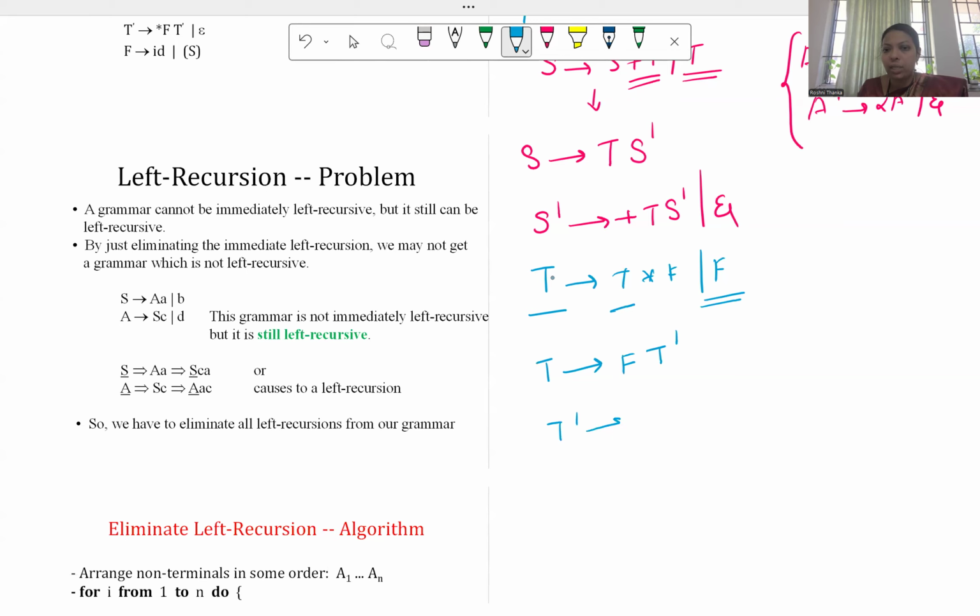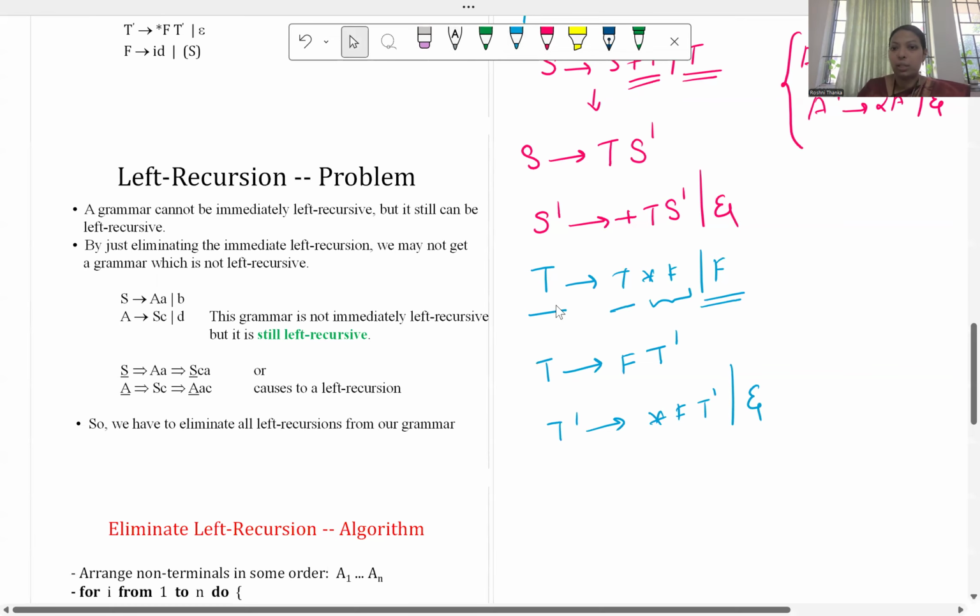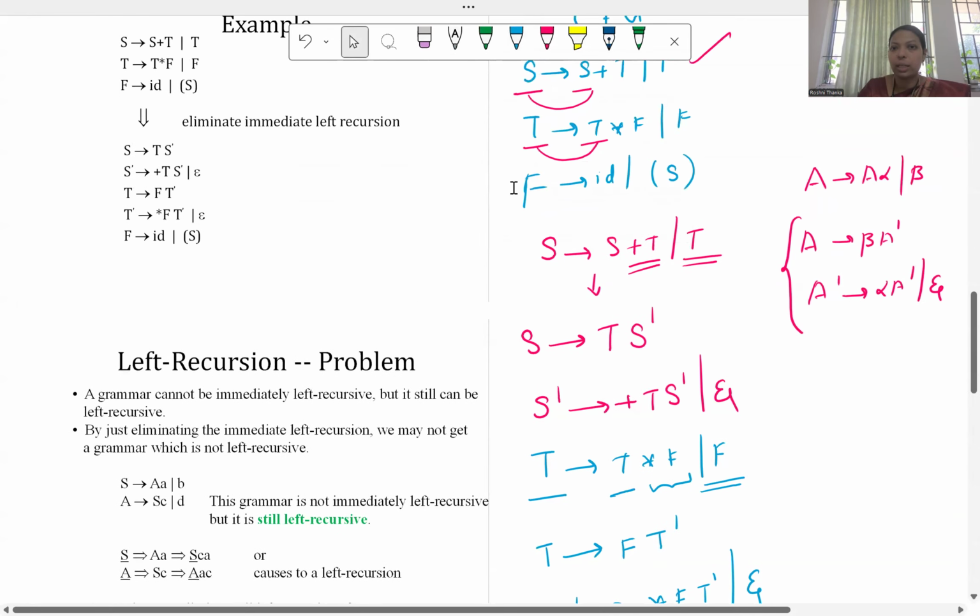Then what is T dash? T dash is the other symbols after T, that is star and F, then T dash, and introduce a new production with epsilon. So we have finished. So this is also now converted, and the rest is F. This production doesn't have any left recursion.